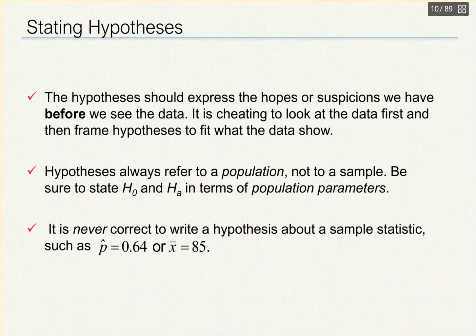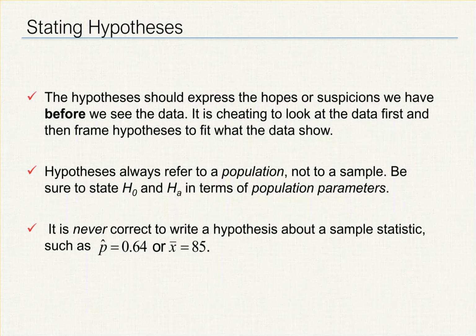So, stating hypotheses. The hypotheses should express the hopes or suspicions we have before we see the data. It is cheating to look at the data first and then frame hypotheses to fit what the data show. This actually happens way too much in real life, and it has a term called p-hacking, and you'll see why in a second. It's basically just looking for things that are statistically significant in the data without having the hypothesis ahead of time.